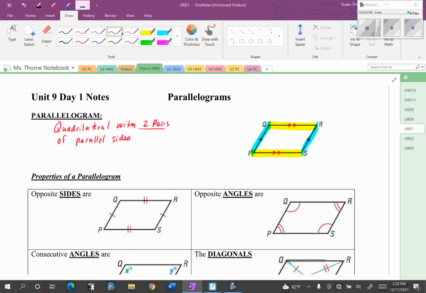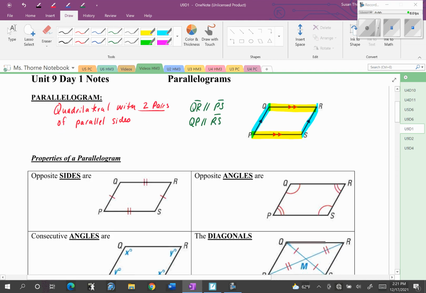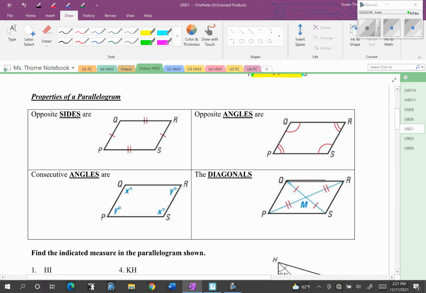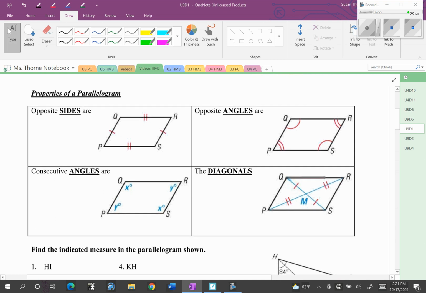So we would write QR is parallel to PS and QP is parallel to RS. So these are properties of a parallelogram. Opposite sides are congruent.